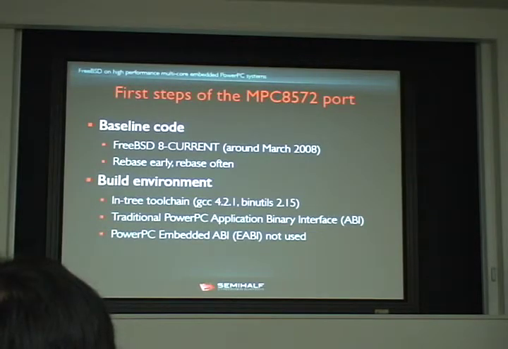You may also know that there is an extension and a follow-up to this traditional ABI, the embedded ABI. It has some different attributes, and it puts additional care on stack location and alignment. But we didn't have any particular need to use the eABI, and by default the toolchain produces binaries according to the traditional one. So we just went with the default. There wasn't any real need to use eABI.